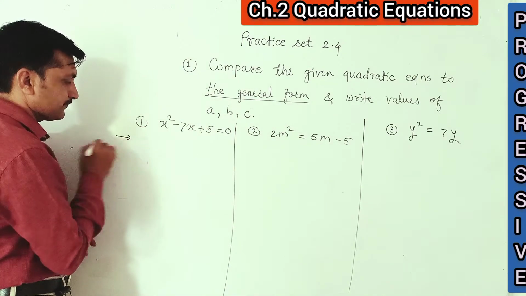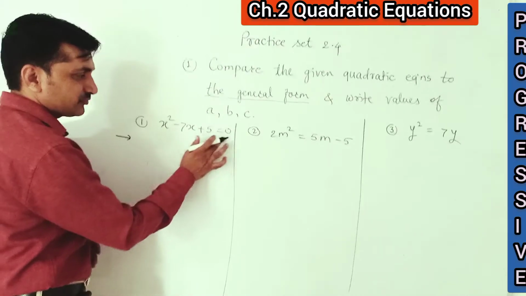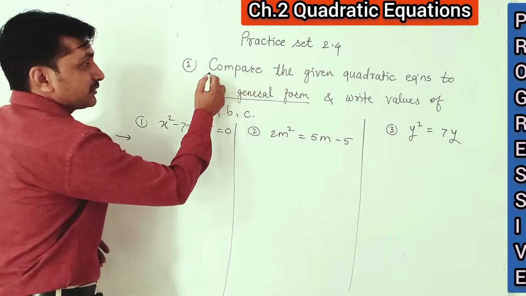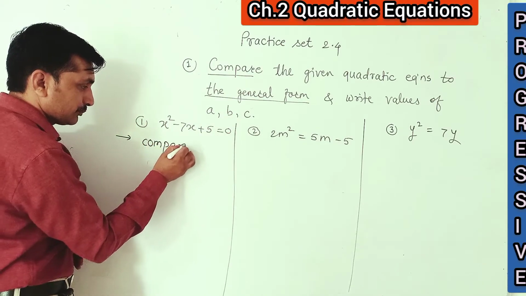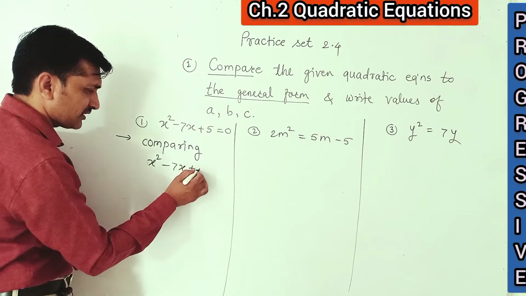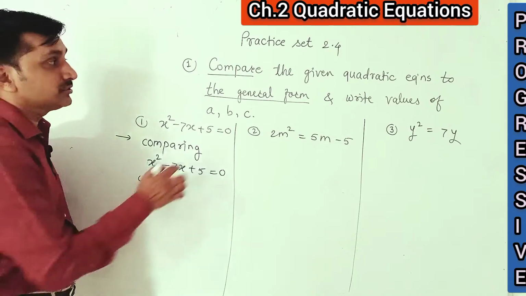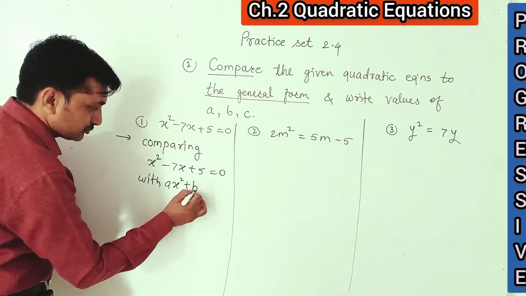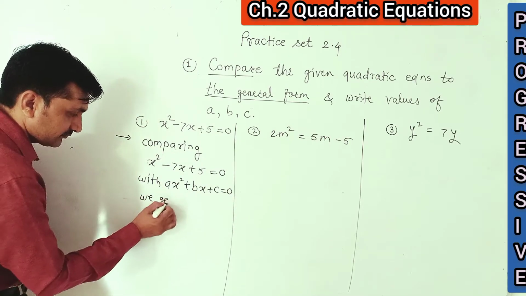Let's start from the first. The equation is x square minus 7x plus 5 is equal to 0. Here it is said, compare this with the general form. We compare this equation, x square minus 7x plus 5 is equal to 0, with the standard form ax square plus bx plus c is equal to 0, and here we get the answer.